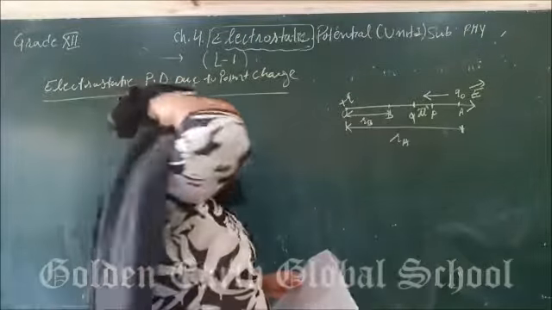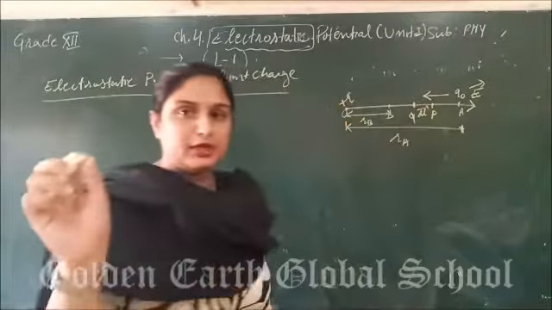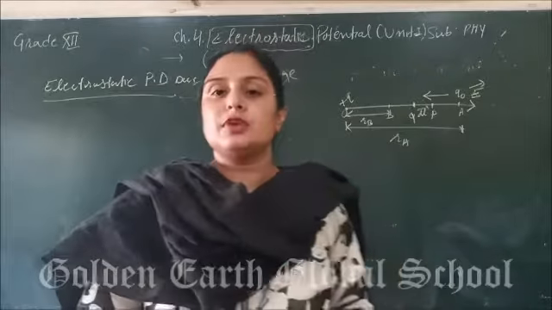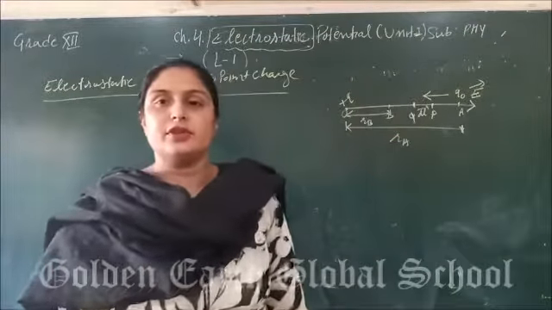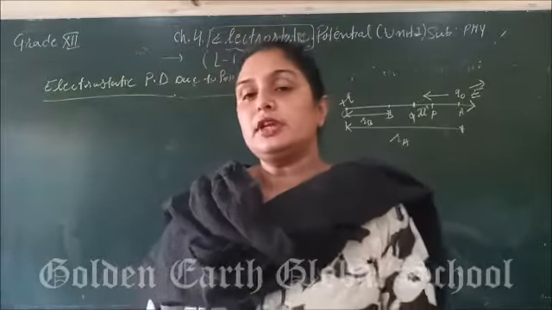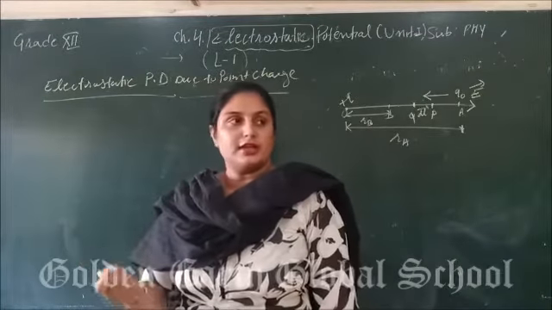Now firstly, you should know the elementary length. These points P and Q are very close to each other. I am showing them separately so that we can explain the diagram. Actually the elementary length is a very small length.